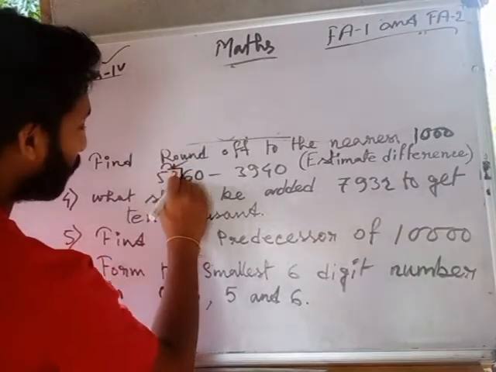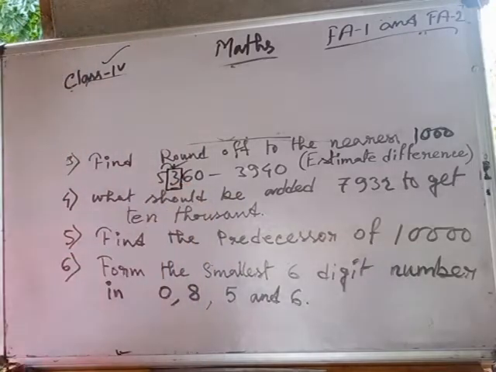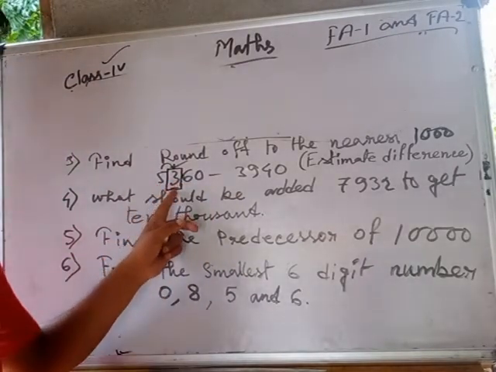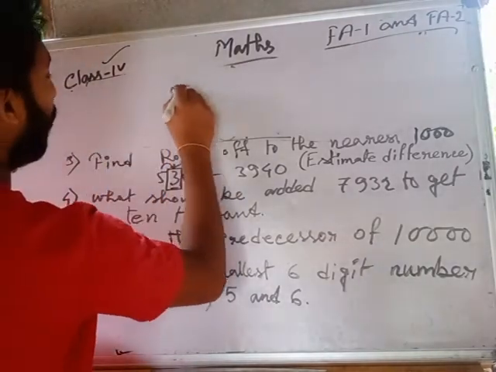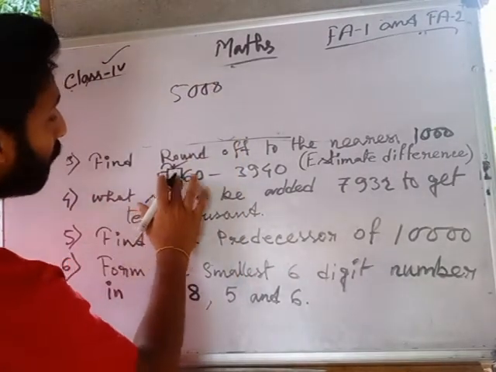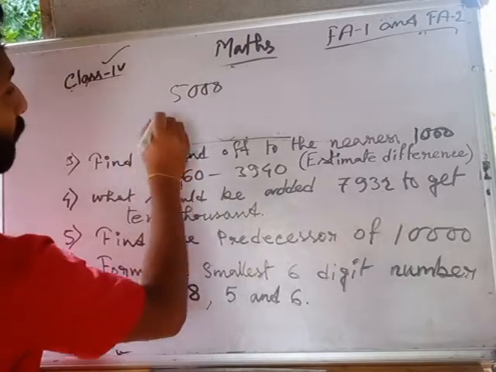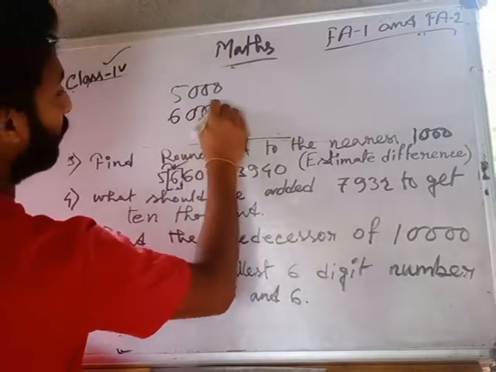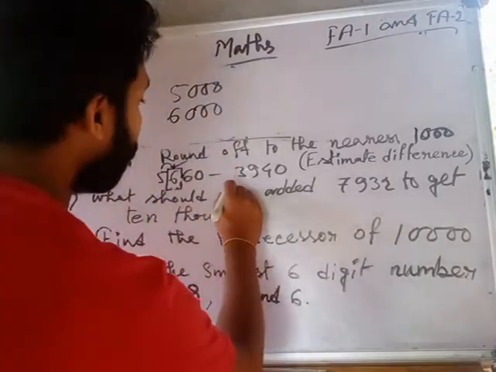If the hundreds place digit is less than 5, it will go to 5,000. If it is 5 or more than 5, it will go to 6,000.